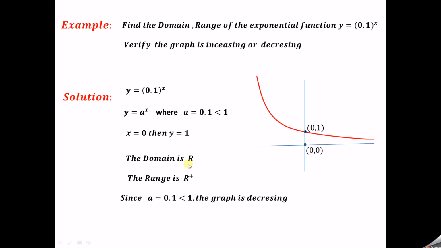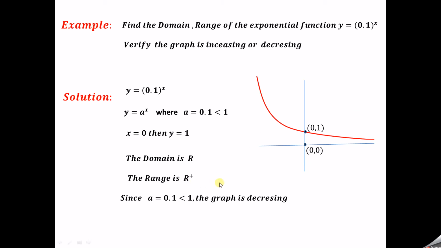And the domain of this exponential function is always R. That means for x values, you can take any real value, positive real number or negative real number or 0. And the range is R plus. For any exponential function, the range is always R plus, the positive real numbers.